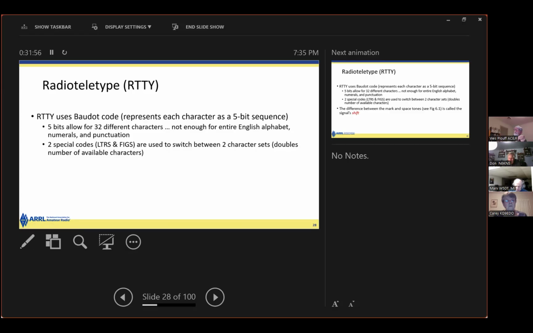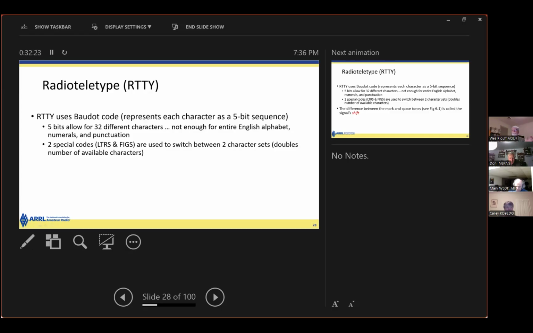The reason for that is usually you're sending 1 or 2 numbers and then you send a space and you're back to more words. But not everybody does that, which means that sometimes you can see gobbledygook, because the guy on the transmitting end may depend on you going back to letters on space, and the guy on the receiving end might not be set up to decode that way.